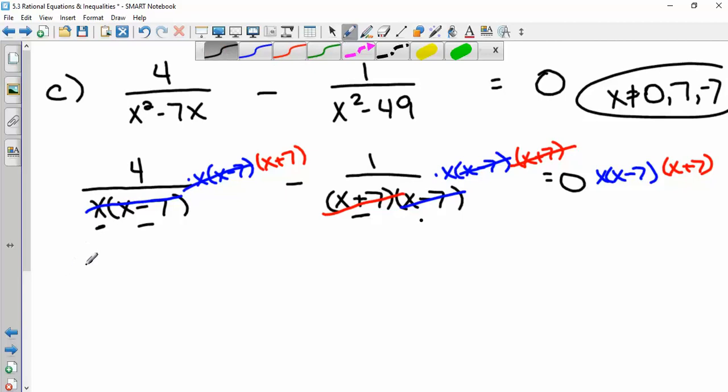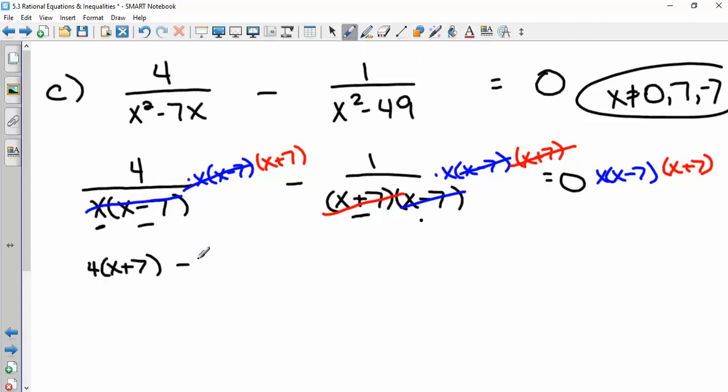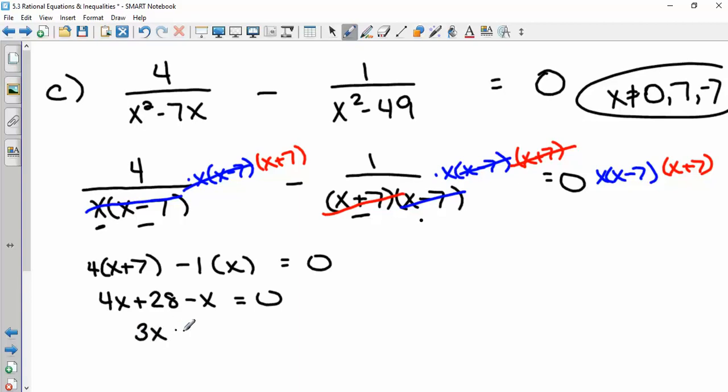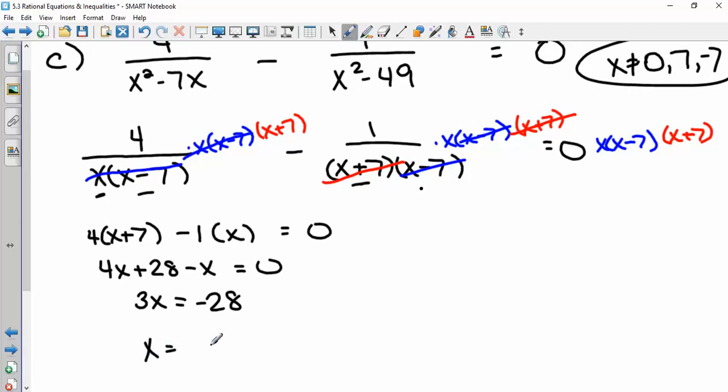So we are left with 4 times the x plus 7 minus 1 times the x equals, what's 0 times anything? So I get 3x equals negative 28, and x is negative 28 over 3, which wasn't one of the things x can't be, so we're done.